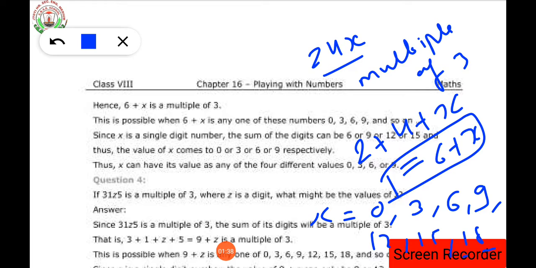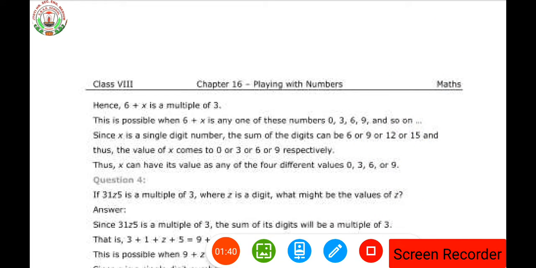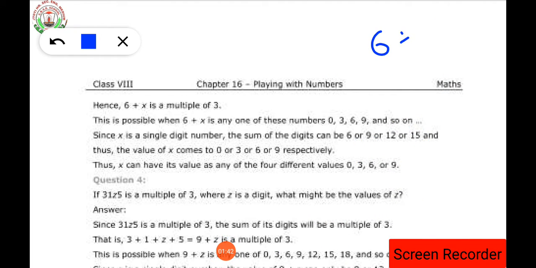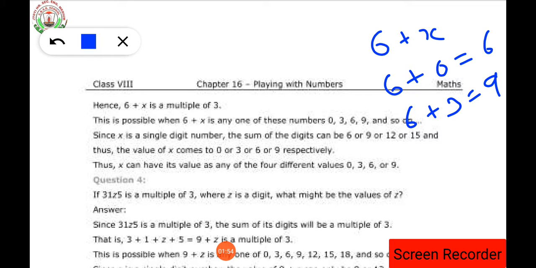If we keep 0 in place of x in 6 plus x, that means 6. 6 is divisible by 3. If we keep 3 in place of x, 6 plus 3 is 9, which is also divisible by 3. If we keep 6, 6 plus 6 is 12.